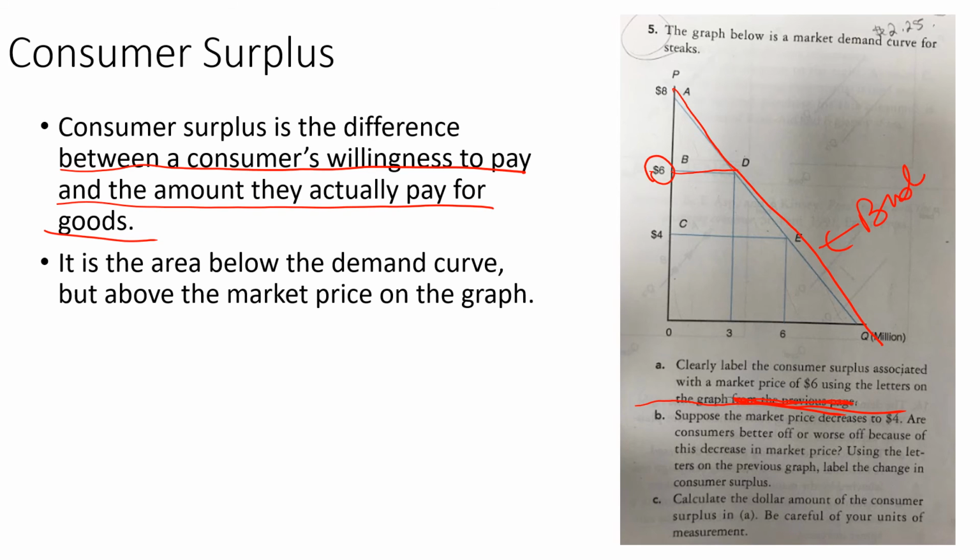Recall, we paid $6, so we purchased 3 of this item. So what we paid is the area of this rectangle, right? We bought 3 of them for $6 a piece.